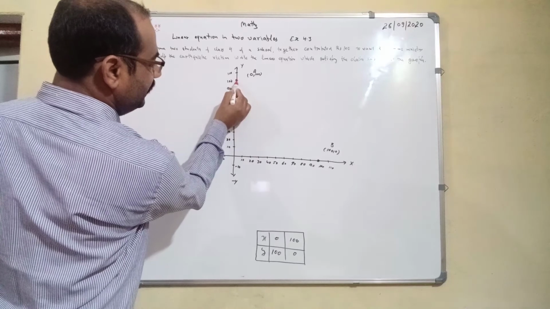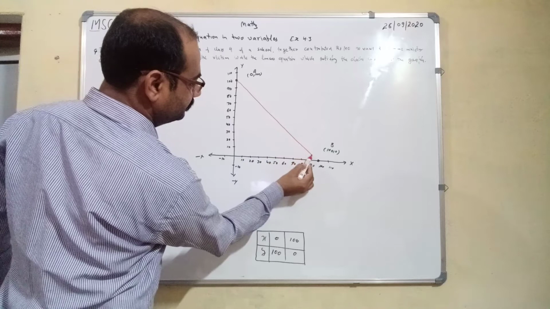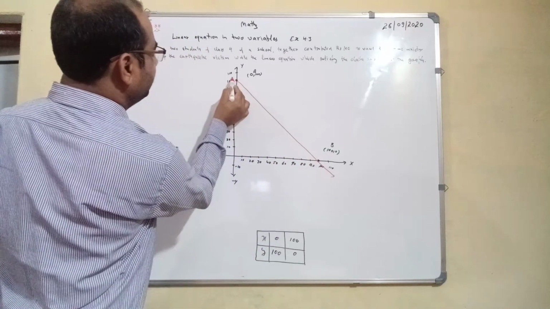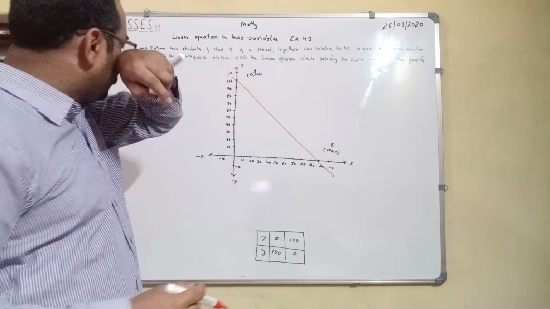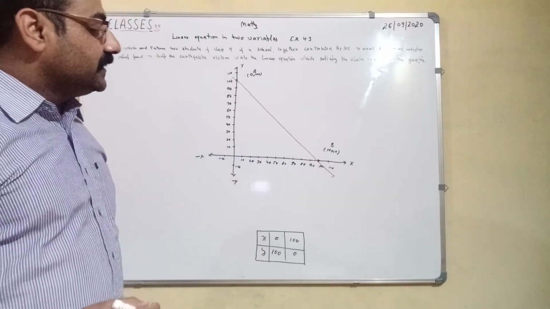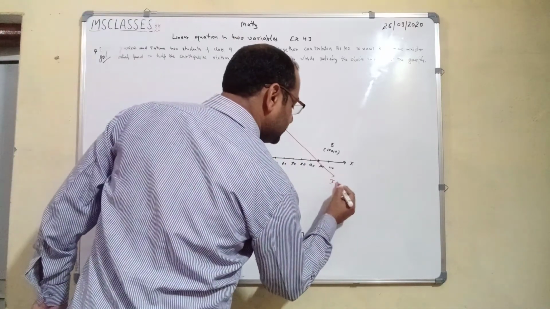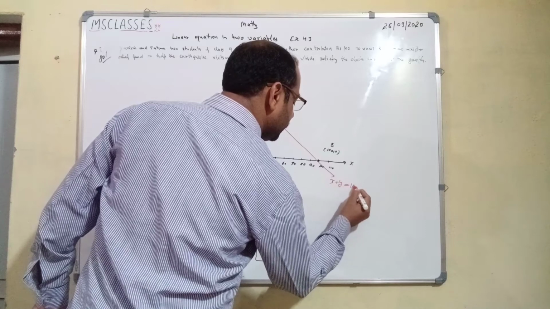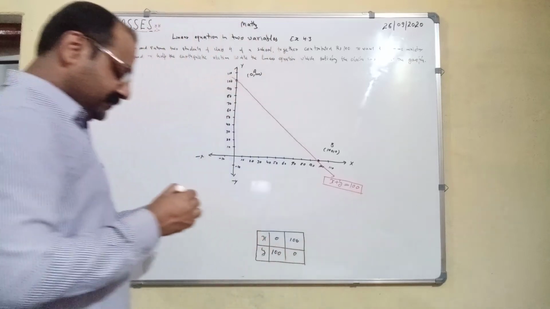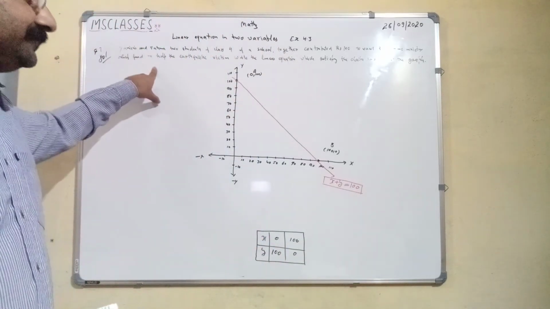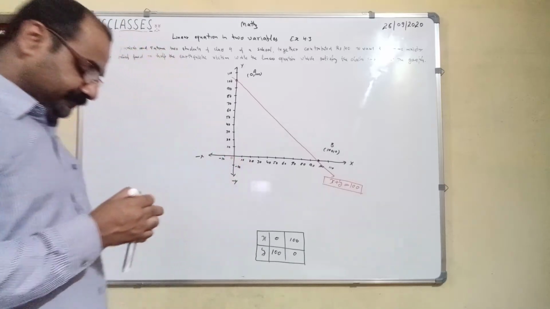Now you see, when I join these 2 points, we get a line which passes through both coordinates A and B. Your A coordinate is 0, 100 and B coordinate is 100, 0. And this is the equation x plus y is equal to 100, and the equation comes from the contribution of Yamini and Fatima. Right. So guys, your origin will be represented by 0.